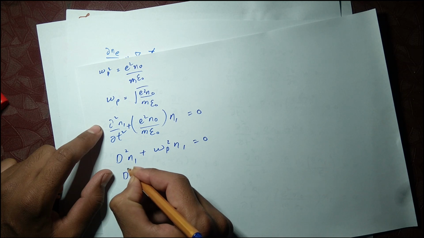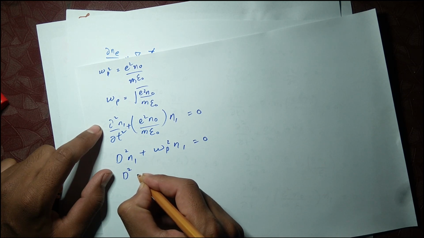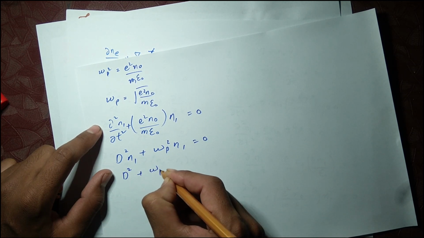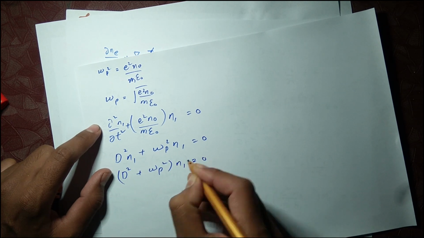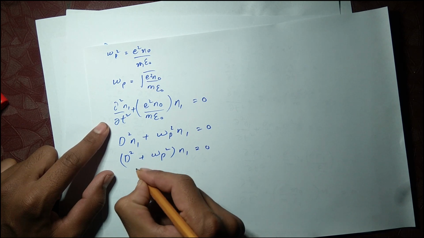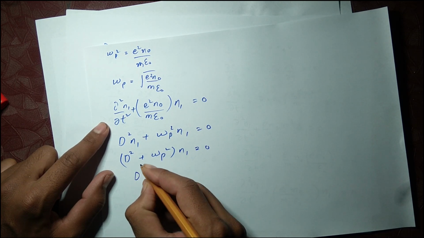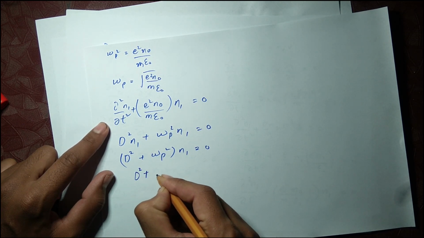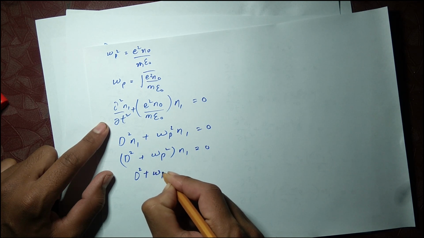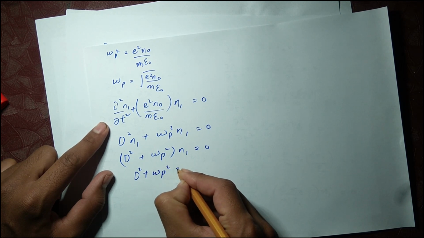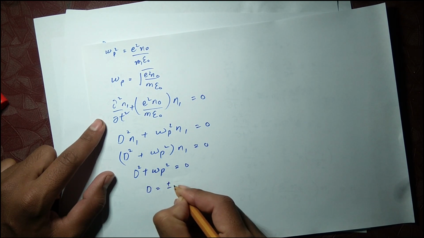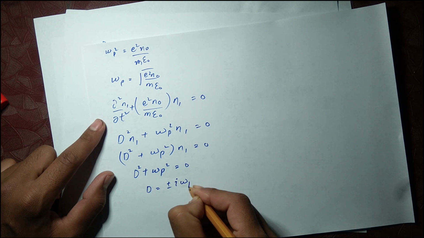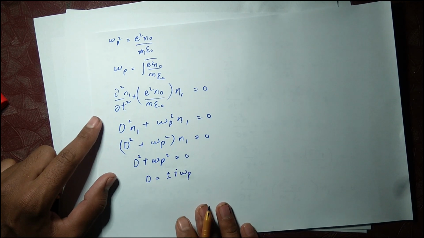So (D square plus omega p square) n1 will be equal to 0. So D square plus omega p square equals 0, and D will be equal to plus or minus i omega p.